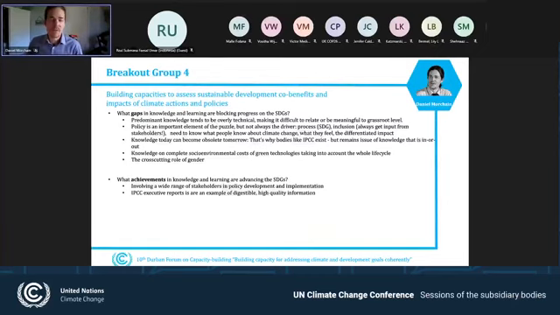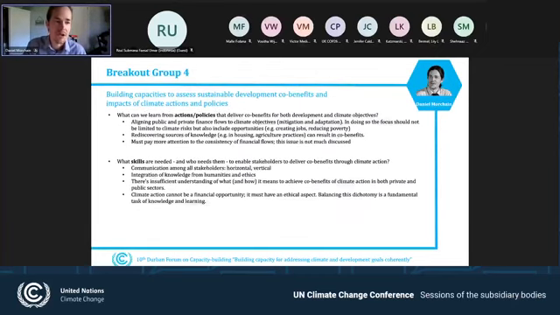And if we go to the next one to come to our final discussions, what can we learn from actions and policies? Aligning public and private finance flows to climate objectives. So let's not just look at the climate risks, but focus on what are the opportunities, job creation, poverty reduction. How can that also be a driver for advancing the priorities and the policies?